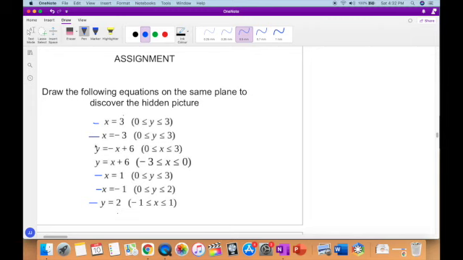So it's only for these guys here that you have to go and find 2 points when you're drawing the line. And remember, when you're doing that, you want to make sure you have the proper statements as well. So 15 minutes, and you'll tell me what picture you got.